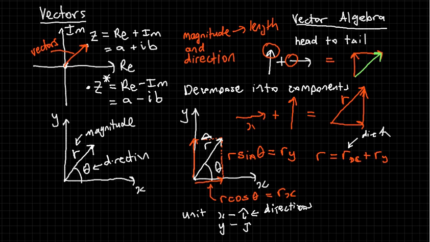So at the moment we've got r, and that's a vector. We've got rx as a vector and ry as a vector. But what we can do is by using this unit vector, we can take out the directional aspects of this, and so we will just have rx times i hat plus ry times j hat.